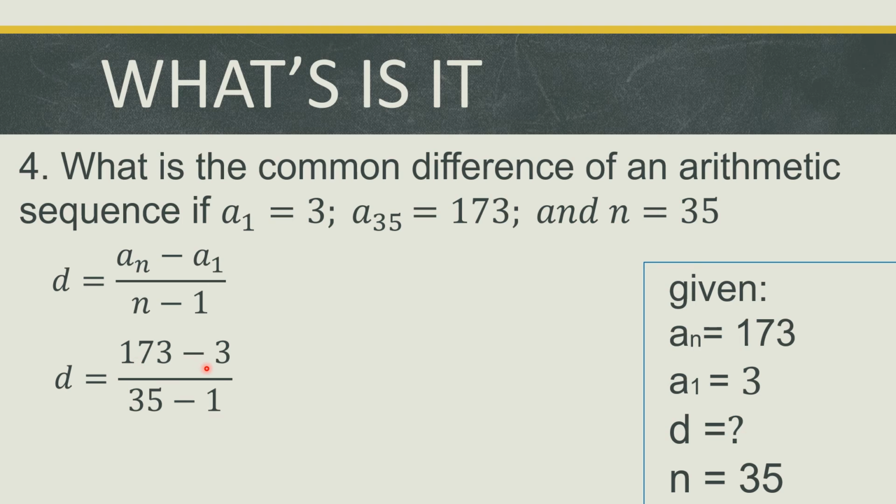So 173 minus 3, that is equal to 170, and 35 minus 1 is 34. And 170 divided by 34, that is equal to 5. So it means our common difference is simply 5.